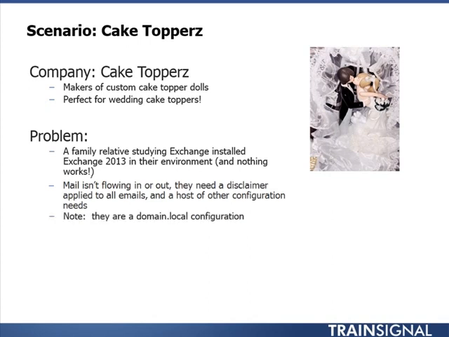Now, they are a domain.local configuration. And what that means is that their domain is a .local, not a .com, on the inside Active Directory side. This is a common configuration.